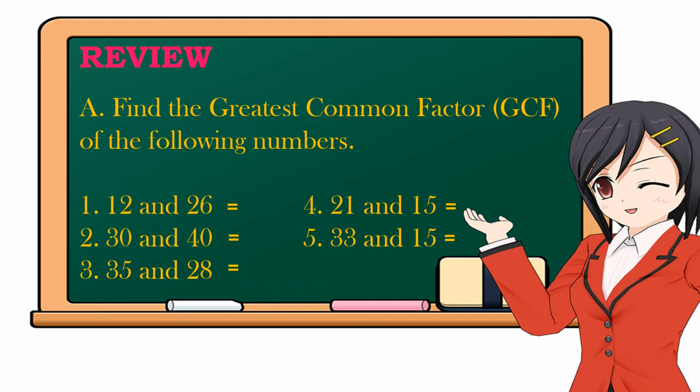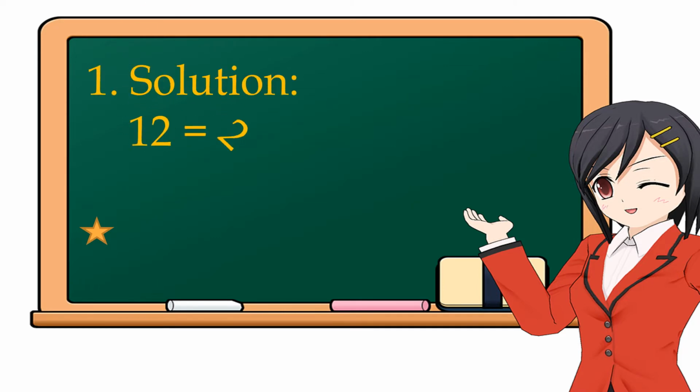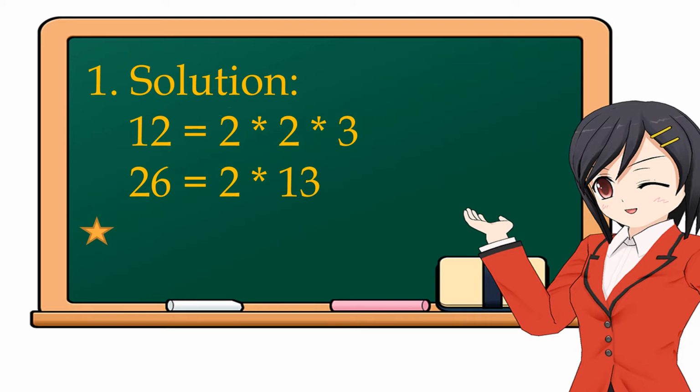Okay, now let's check your work. For number 1, we have 12 is equals to 2 times 2 times 3. And 26 is equals to 2 times 13. So let's encircle the common factor between 12 and 26, which is 2. So the answer is equals to 2.